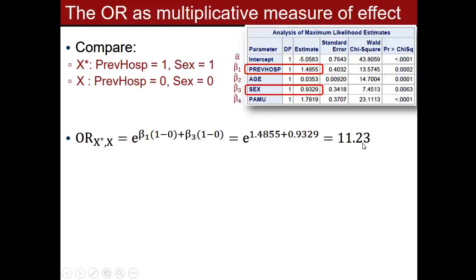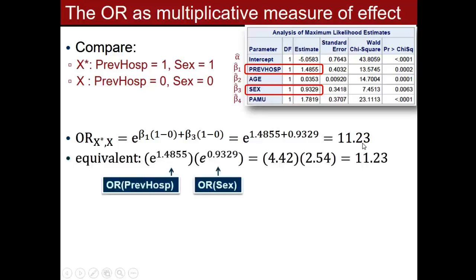Okay, why am I telling you all this? This is exactly the same result as if you multiply the odds ratio for previous hospitalization times the odds ratio for sex 1 versus 0. So this joint comparison is actually the same as taking the individual odds ratios and multiplying them together.